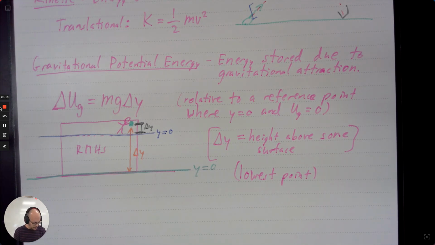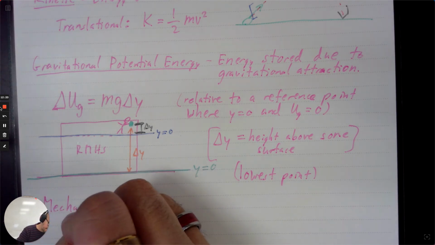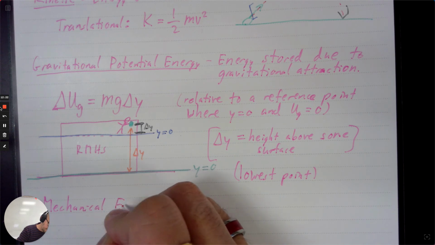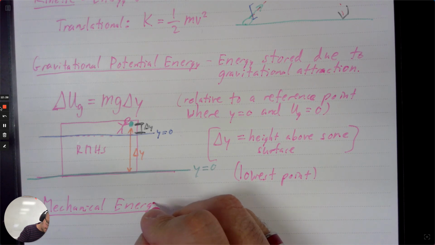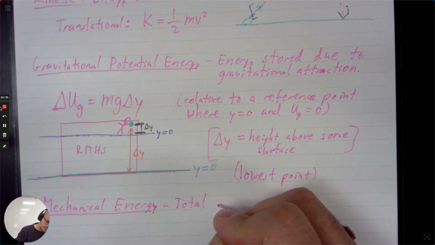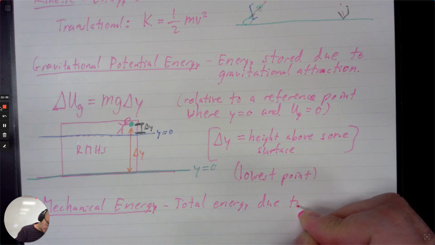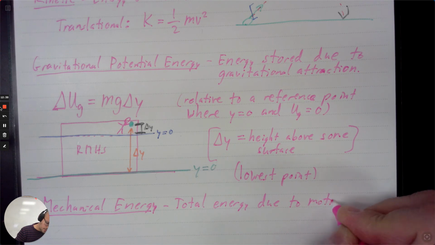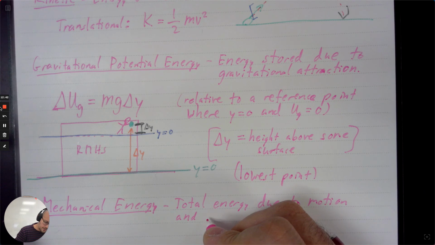The last part of this video, and I'm rambling, so sorry this is going long, is mechanical energy. Mechanical energy is really what we are here to study in this unit. Mechanical energy is the total energy due to motion and, I would say, organization or structure.